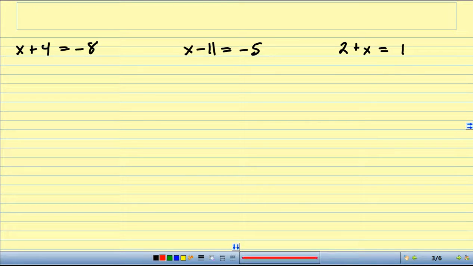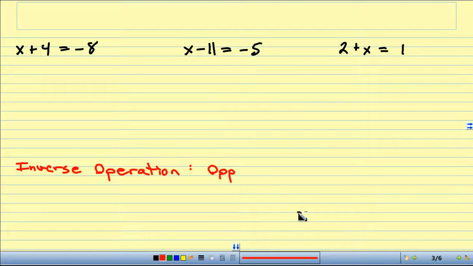I'm going to be solving these. But before I solve these, I want to teach you something. Okay, it's called inverse operation. Now, an inverse operation is a fancy way of saying opposite operation.